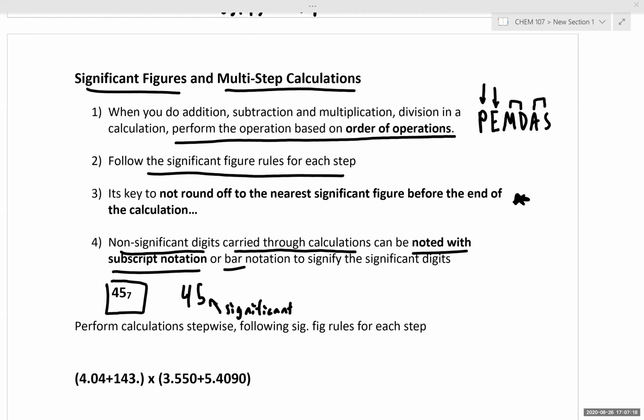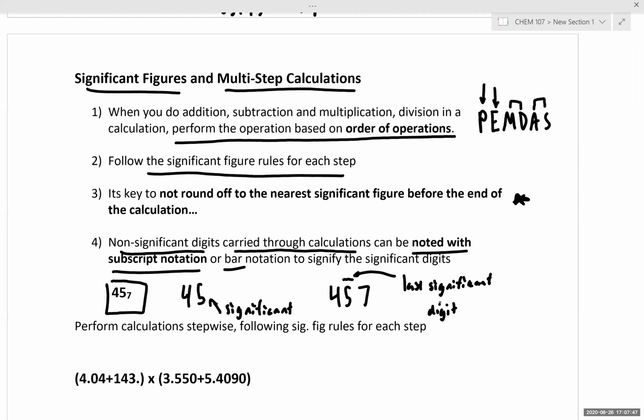Any number written as a subscript is not significant. Another way of indicating significant digits is via bar notation. This little bar above my number indicates the last significant digit. Does that make sense to everyone?